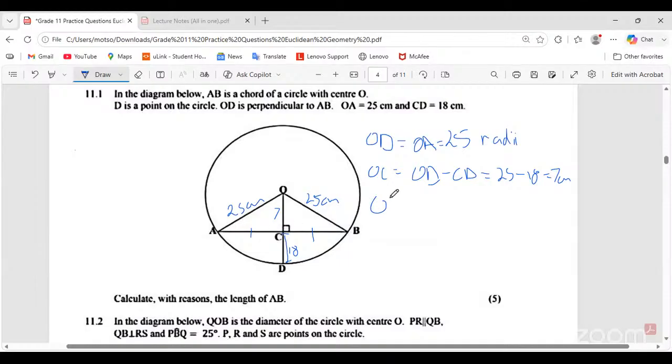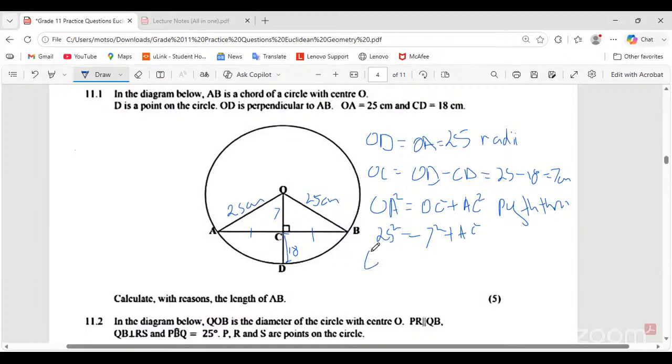Okay, we will say OA squared is equal to OC squared plus AC squared, right? What is the reason? It is Pythagoras theorem. What is OA squared? 25 squared is equal to OC, 7 squared, plus AC squared. That is the unknown.